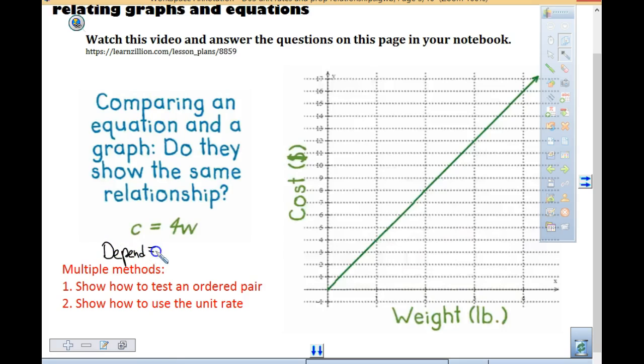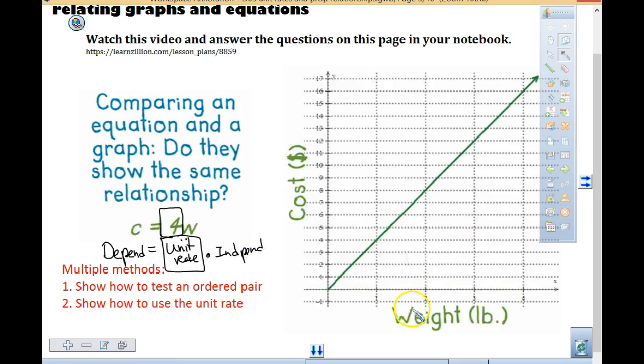Dependent, right, is always equal to, this 4 is called our unit rate. So the unit rate, you write this right below where that 4 is. Times, and then it's always times our independent variable, okay?